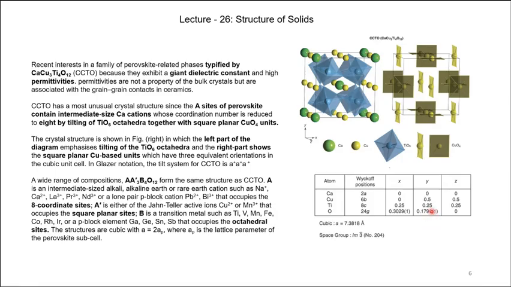Then we see the crystal structure in this right figure, in which the left part of the diagram emphasizes tilting of titanium oxygen octahedra, and the right part is the square planar copper-based units. In Glazer notation, this is a plus, a plus, a plus.